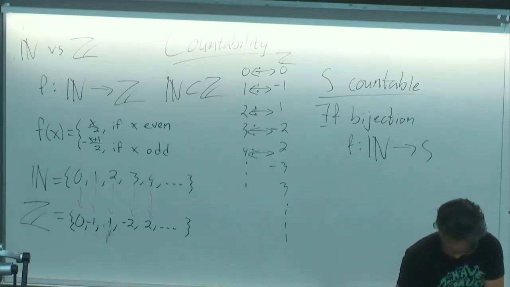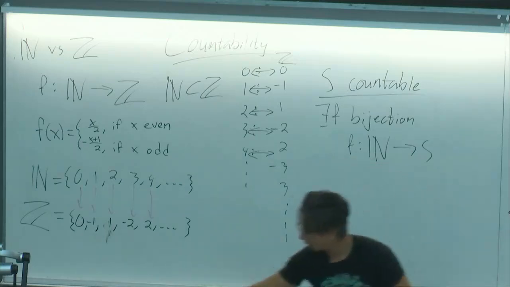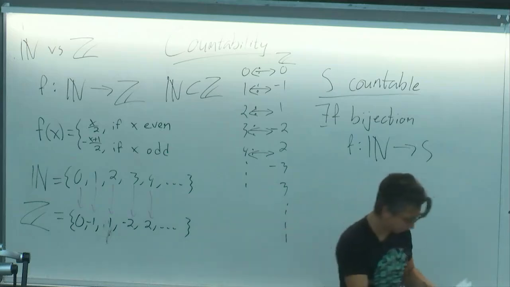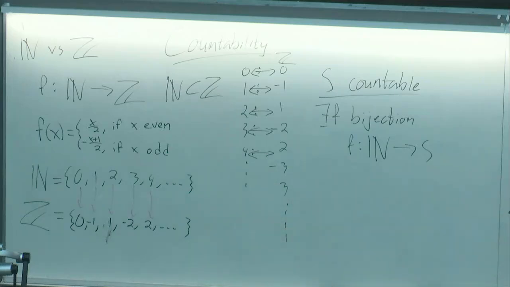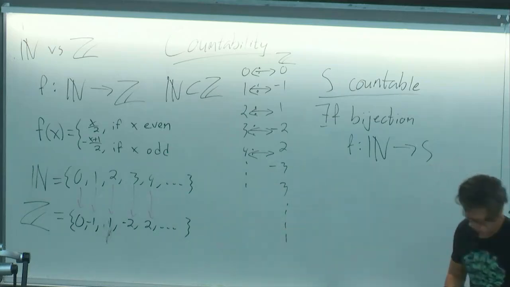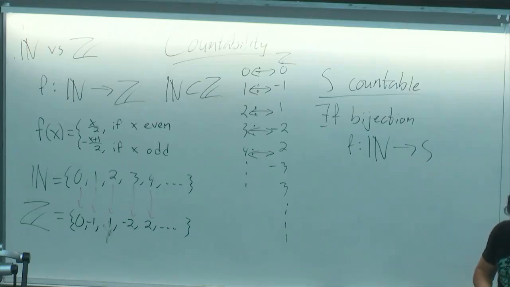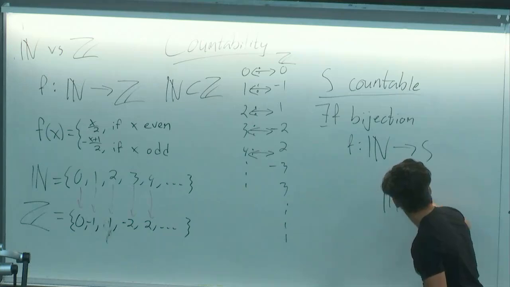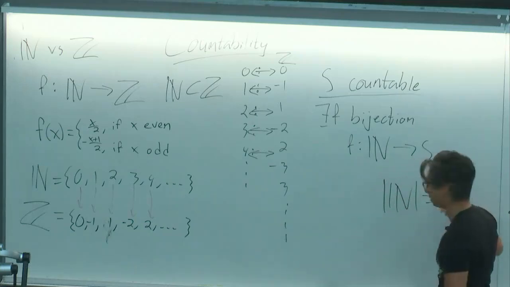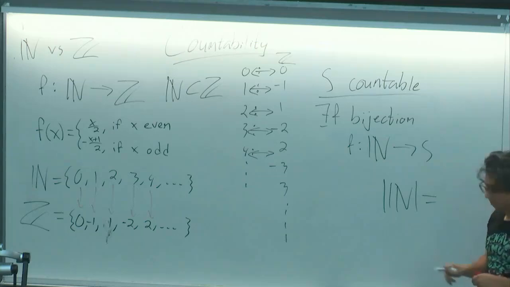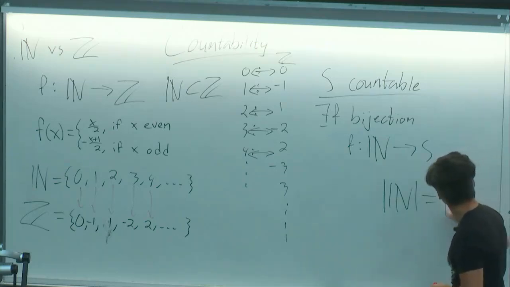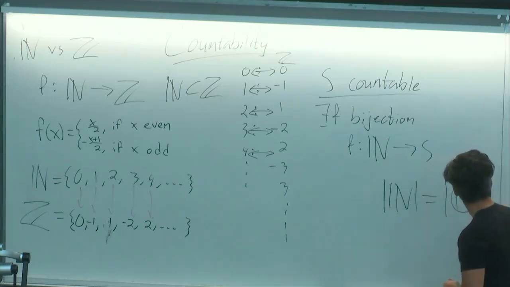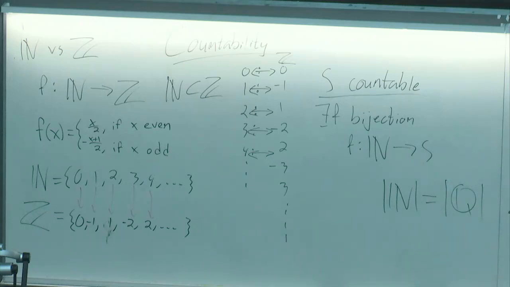Okay. So I do want to get to something, because in the discussion tomorrow, you'll get to it. There's another proof we're not going to do right now for time, and it is that the size of N is the same, and this is actually a little bit surprising, well, all of it's kind of surprising, but this especially so, as the size of the rationals.